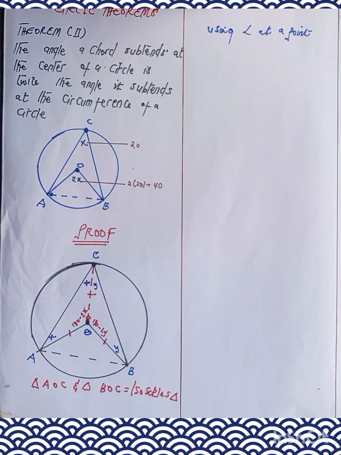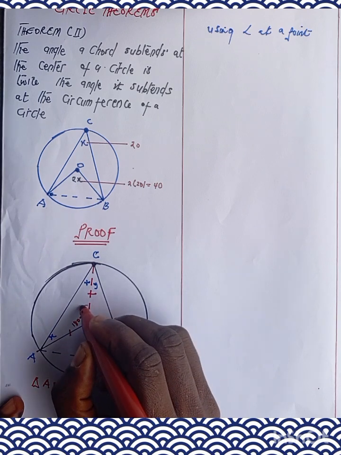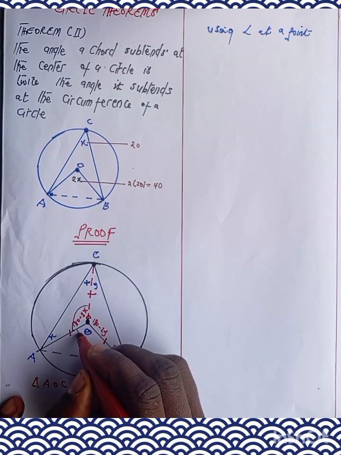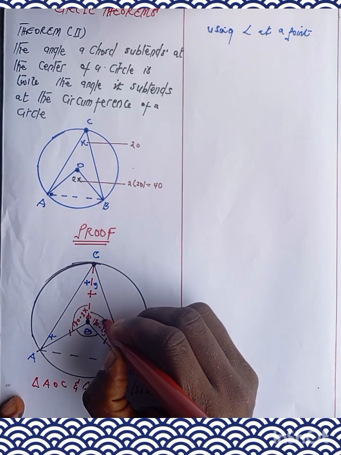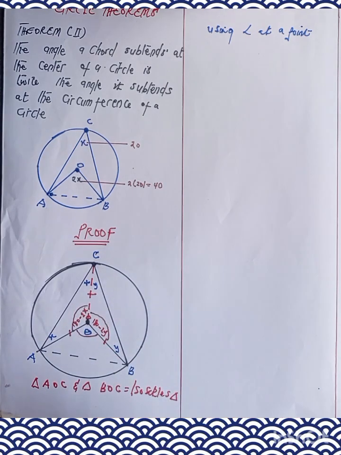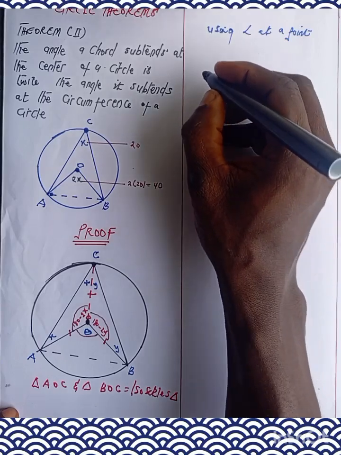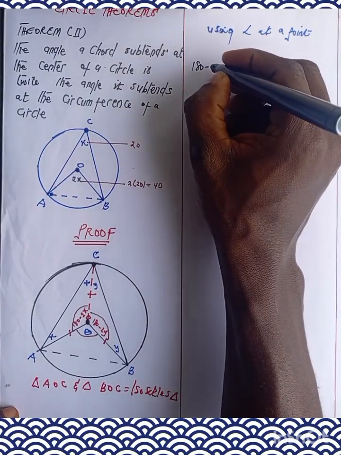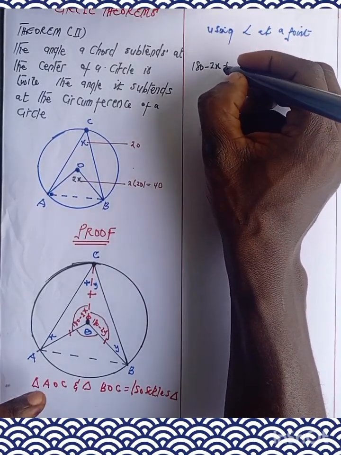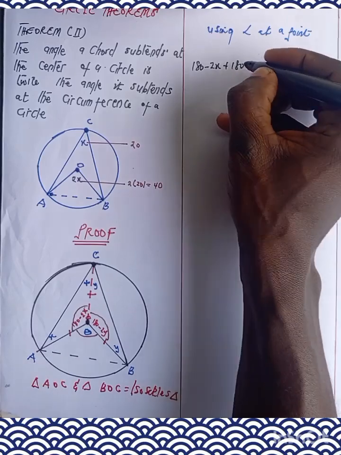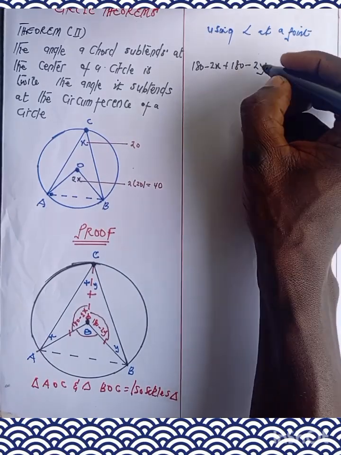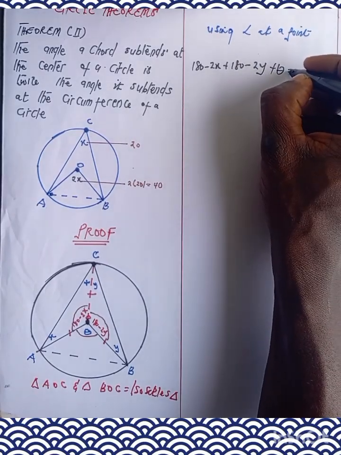Let me do it well so that you can see it well. So we are saying that this angle plus theta plus this angle makes a full circle. So when we sum them, we can equate it to 360. So we are going to get 180 minus 2x plus 180 minus 2y plus angle theta should give us what?